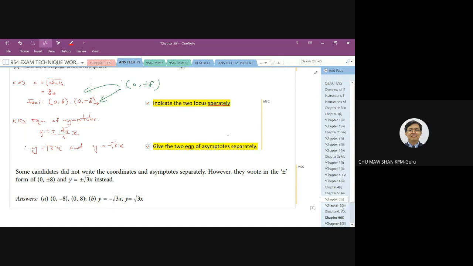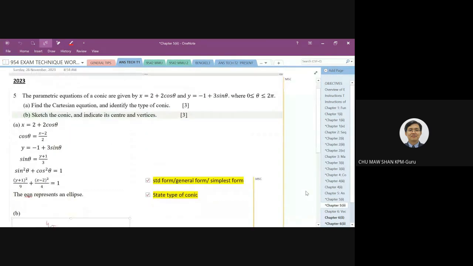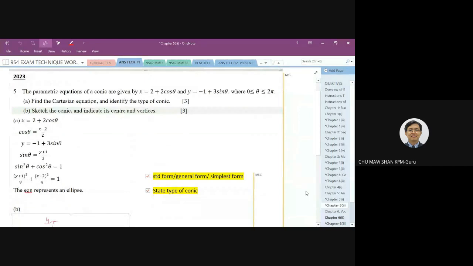Okay. We look at the last one. 2023 for that chapter 5. The parametric equation of a conic is given by x and y, where theta is between 0 and 2 pi, inclusive. A. Find the Cartesian equation and identify the type of conic.